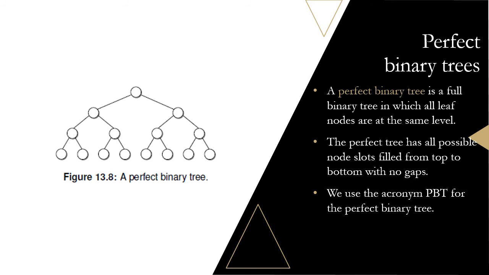If you remember the formula that we just worked out, that formula was actually for a perfect binary tree. It gave us the number of nodes in a perfect binary tree of height h. So you can see that in a perfect binary tree there are no gaps. If you want to add a node to this perfect binary tree, you will have to start a new level.